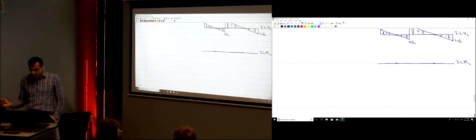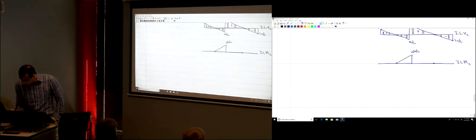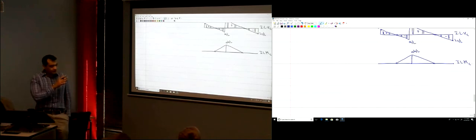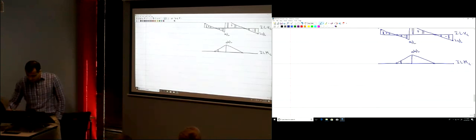And then how would I draw the influence line for MC? Again, just look for the simple part between the supports. Those are the supports. How does the influence line look like? We said at point C, you're going to have AB divided by L. And this is how it looks like. This is still valid. This is correct. But what would I do with the overhanging parts?